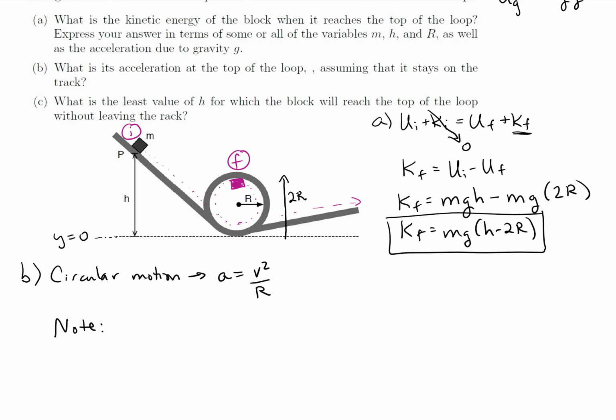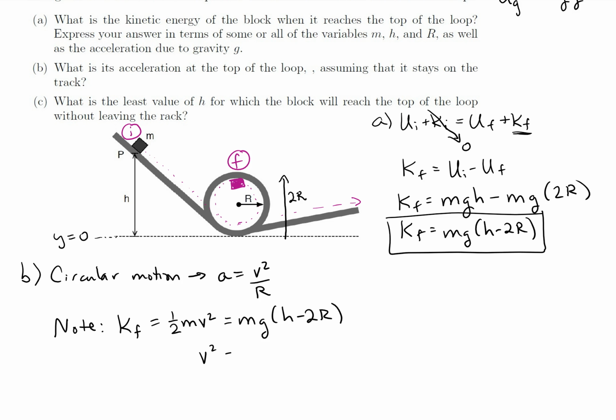So we just said that K final, which is 1/2 m v squared, has to be equal to mg(h minus 2r). So we can use this expression to find an expression for v squared and plug that in for the acceleration.